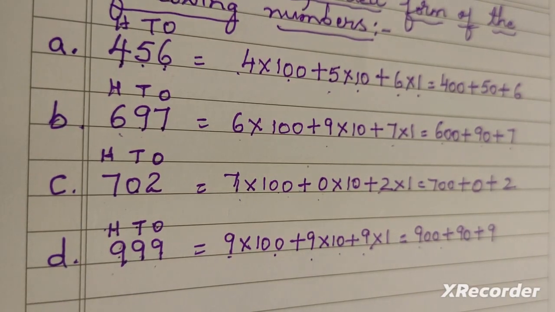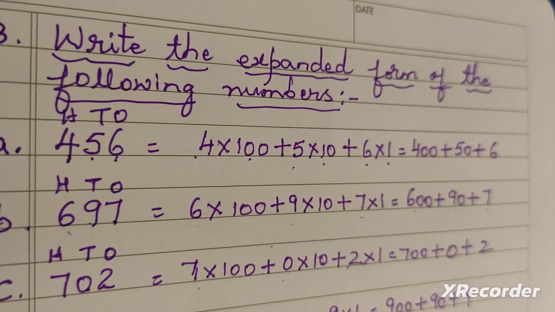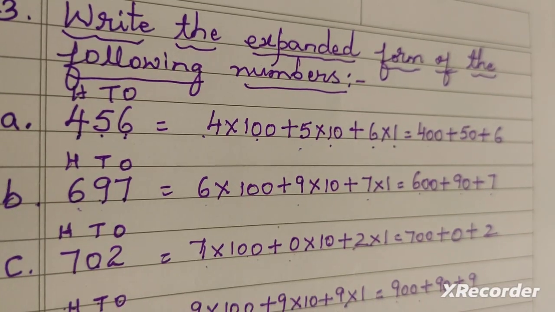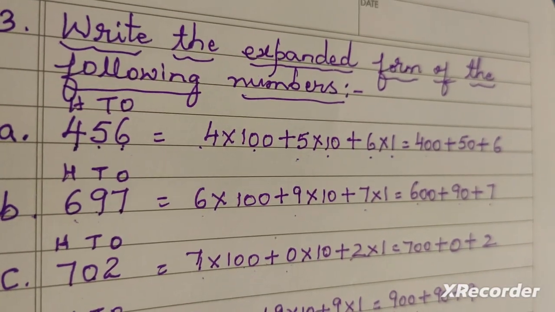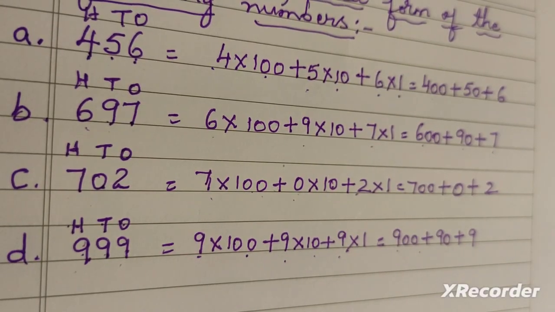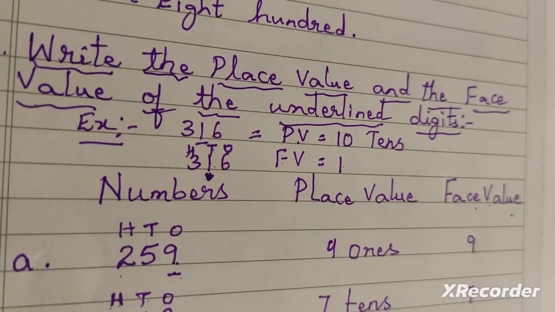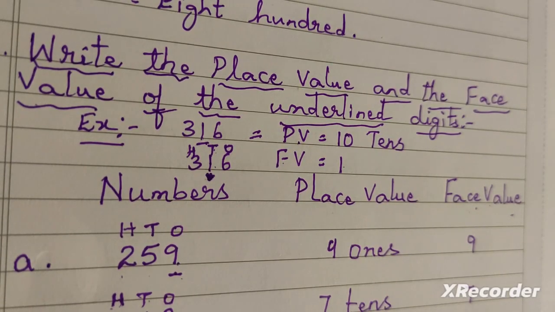So, whatever you have understood so far, try to work out by yourself. See the expanded form, how it is done. You see the place value and the face value of the underlined digits.